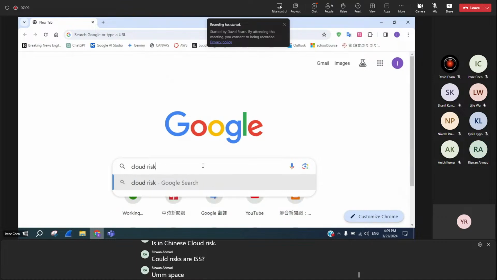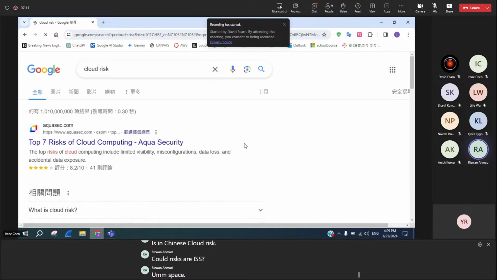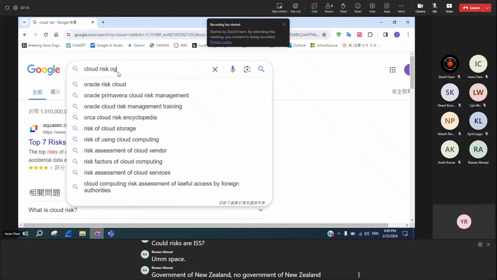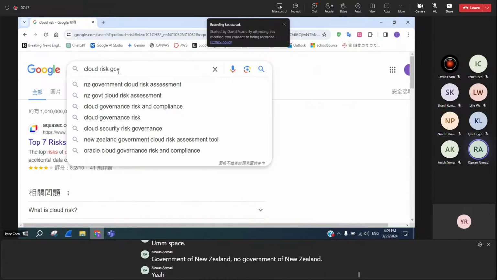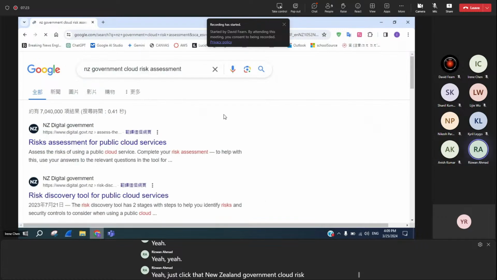Space. Government of New Zealand. No, Government of New Zealand. Yeah. Just click that. New Zealand Government Cloud Risk. Perfect. Go there. Risk assessment for public cloud services.